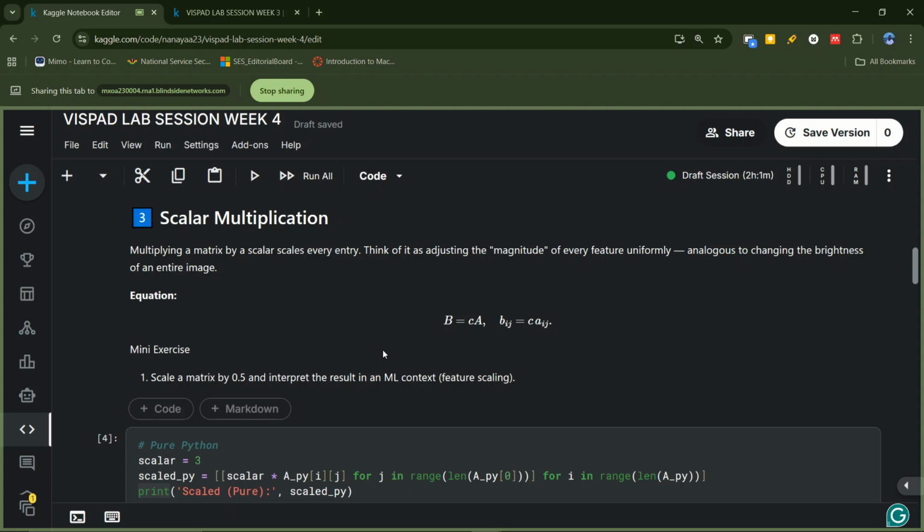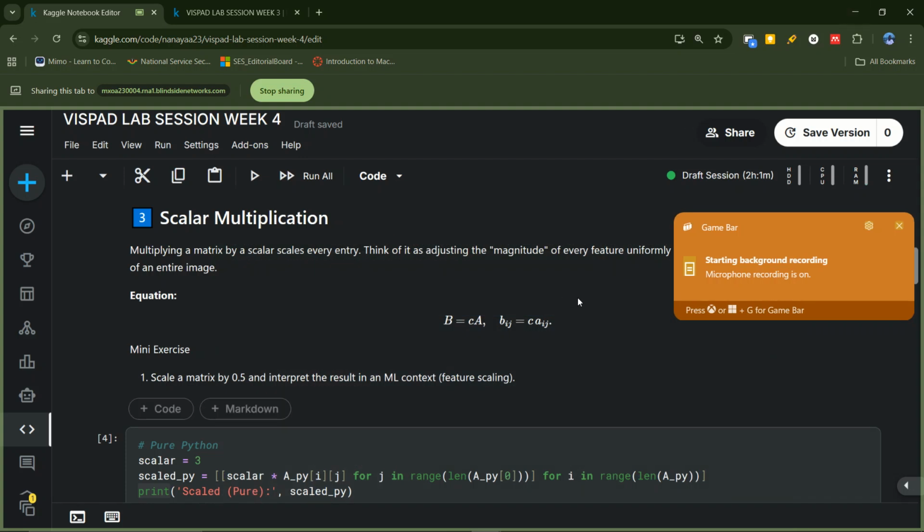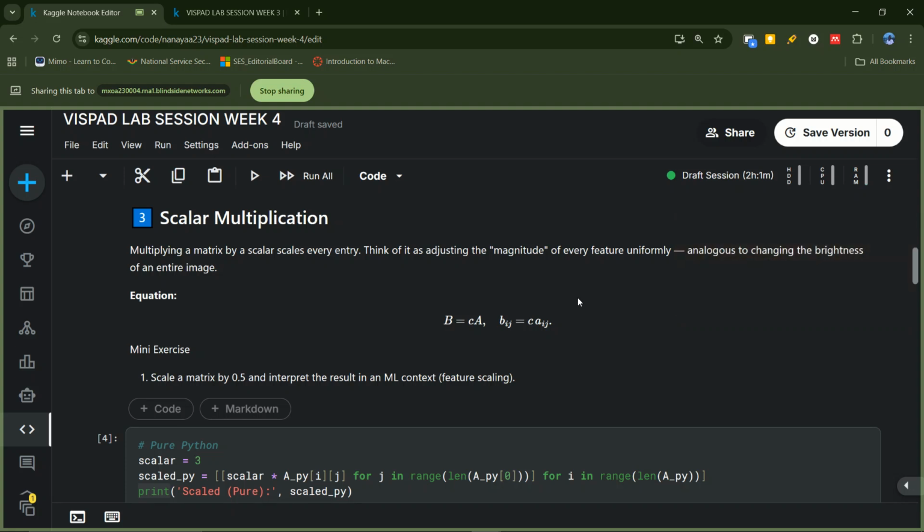scalar multiplication. The next concept is scalar multiplication. This is just like what we did with vectors earlier, where if you have a scalar multiplying a vector, the scalar multiplies each element of the vector.